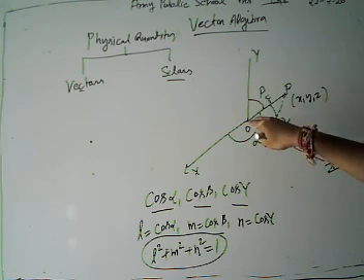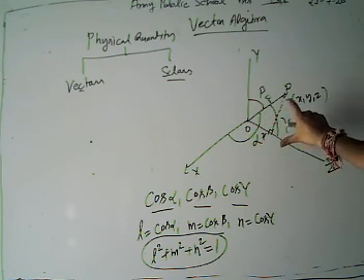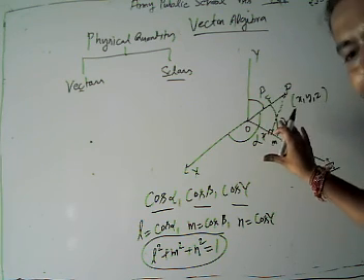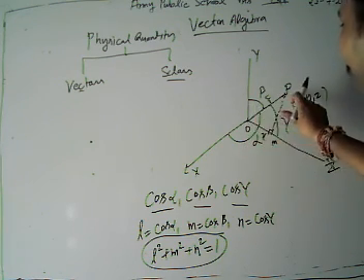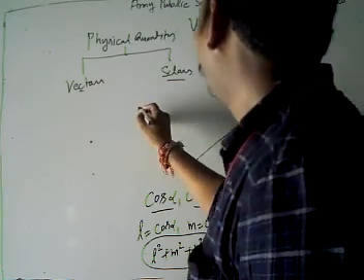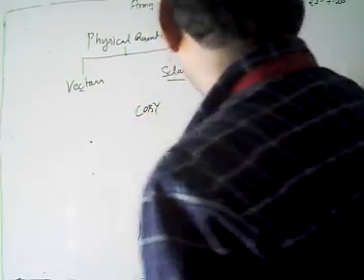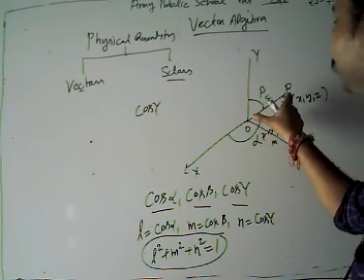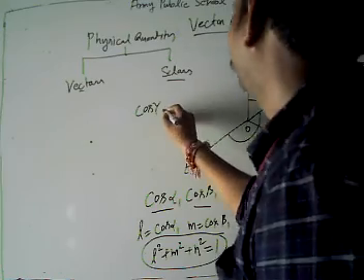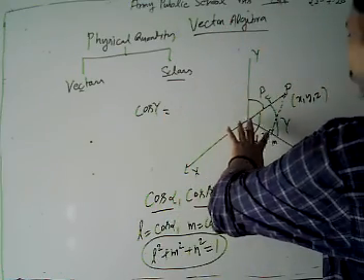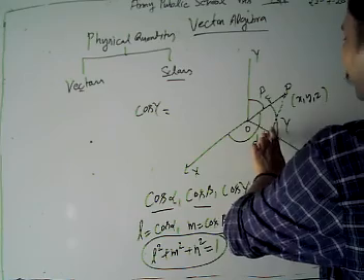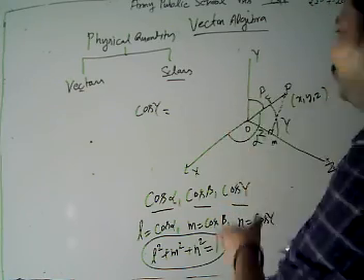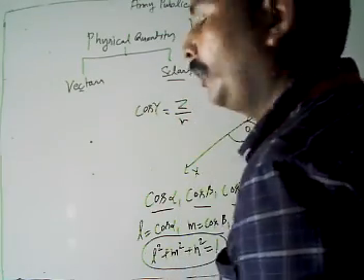When we relate this coordinate in the right angle triangle OPM, our cos gamma is defined as the base over the hypotenuse. The base is z, so we have cos gamma is z by r.